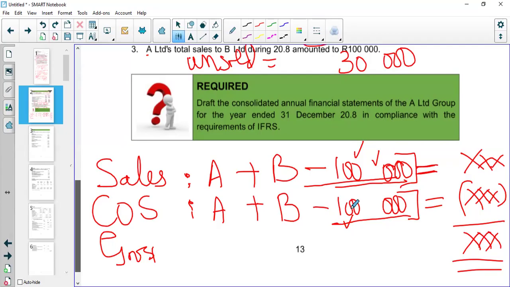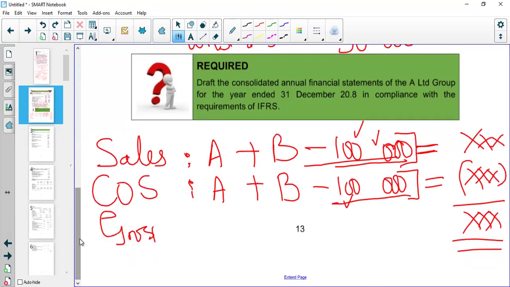Because when you are preparing a complete income statement, you will have to subtract the 100,000 from the sales. They will say prepare the profit or loss and other comprehensive income.